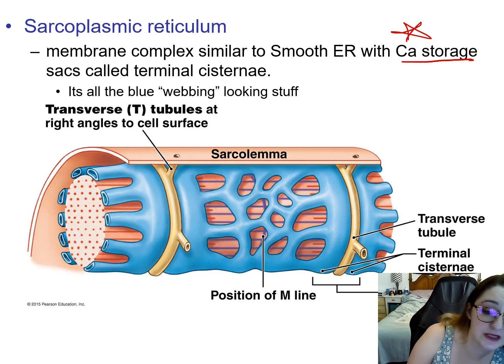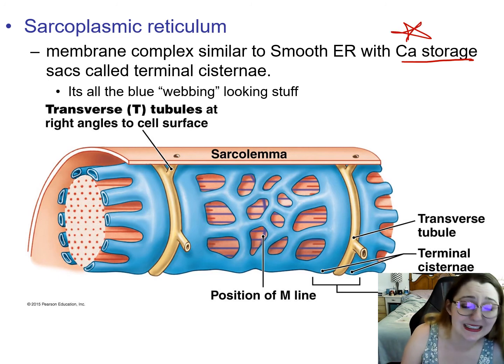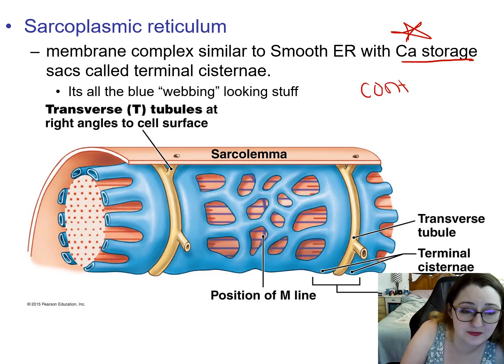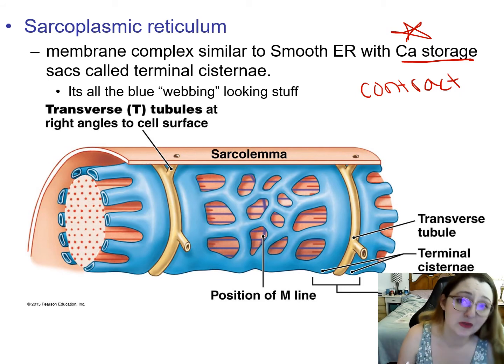So the calcium is very, very important. It's 100% necessary for contractions, which, as we know, muscles serve the purpose of contracting to create movement of some kind. So that is incredibly important. Calcium is incredibly important in this case.